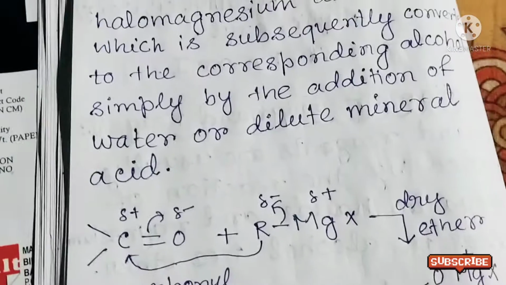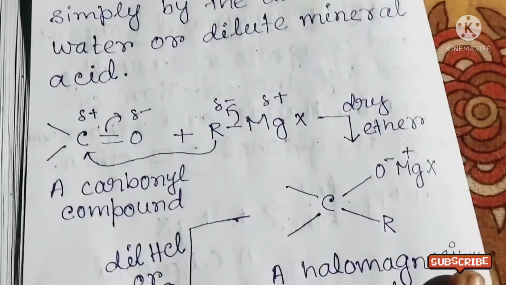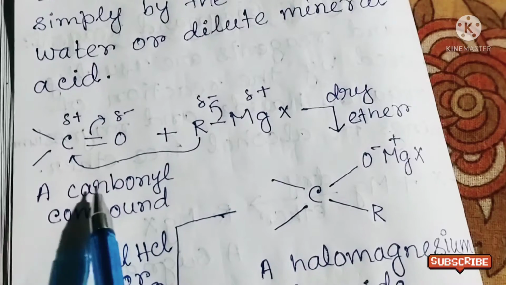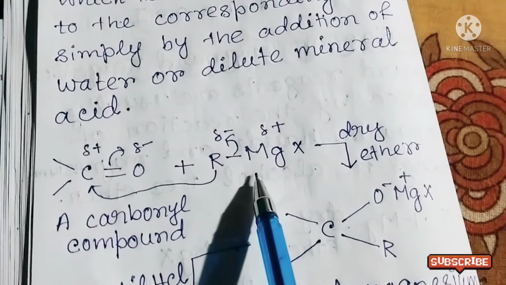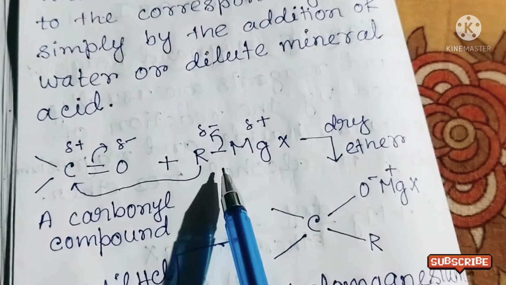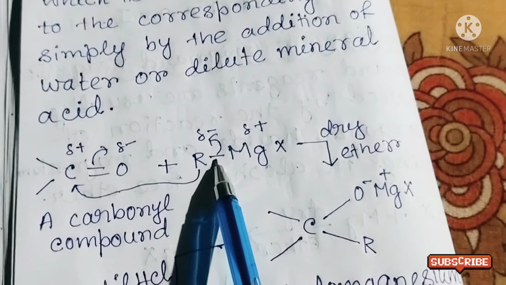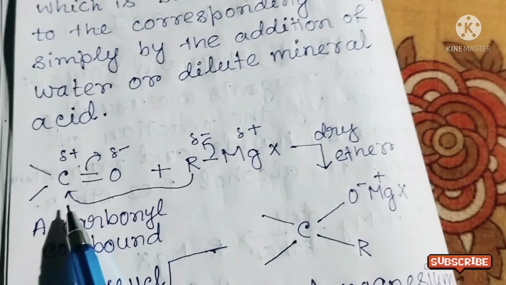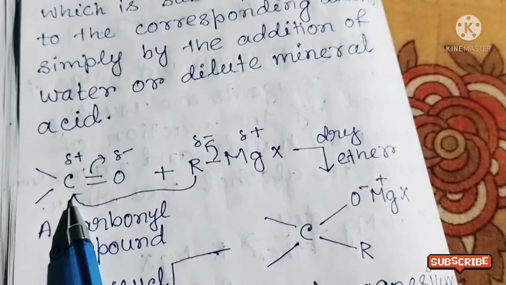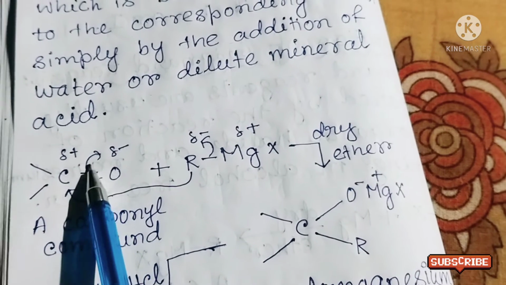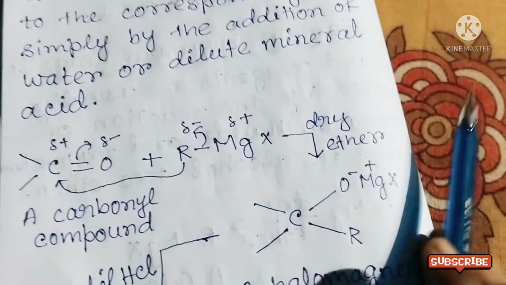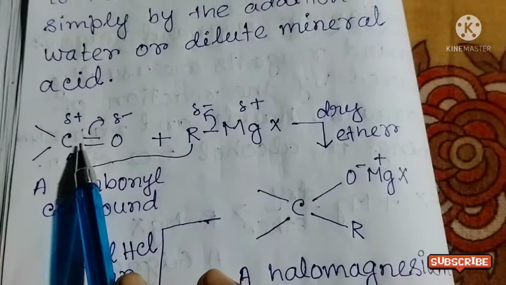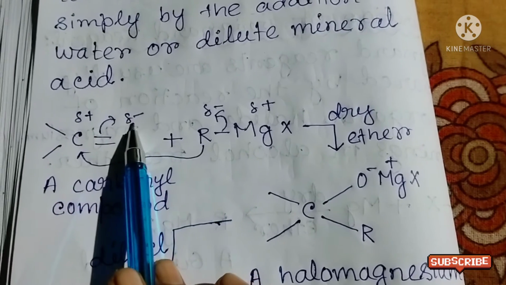Now, let's see this. This is a carbonyl compound and this is the Grignard reagent. In the Grignard reagent, this bond breaks and this R attacks this carbonyl carbon, and this bond shifts from here to here.